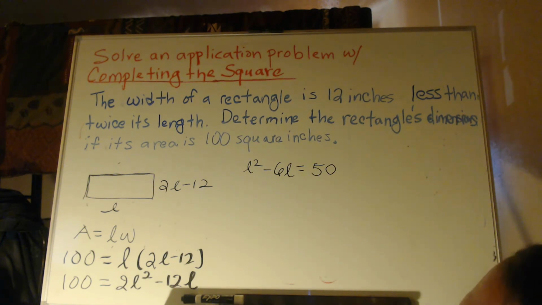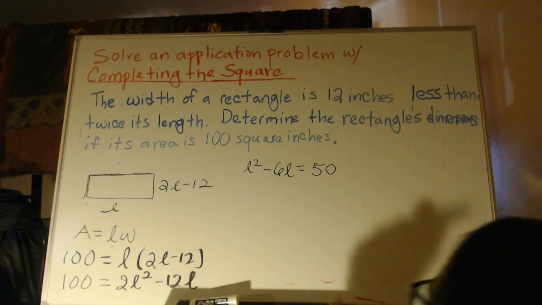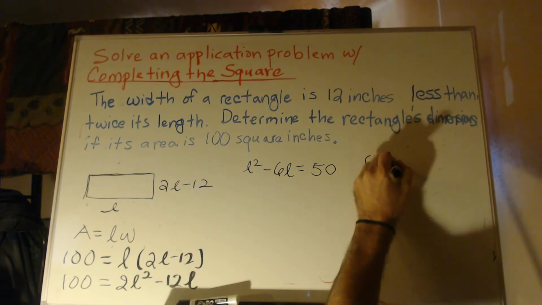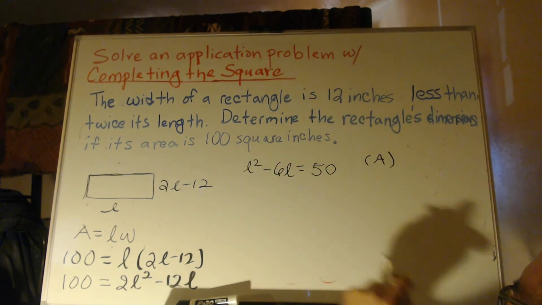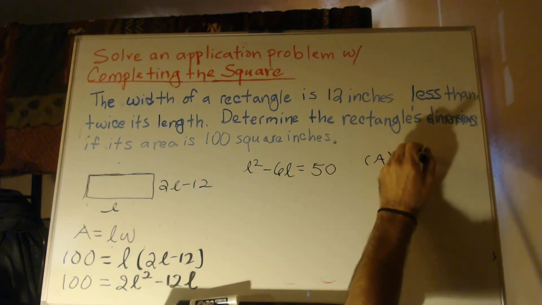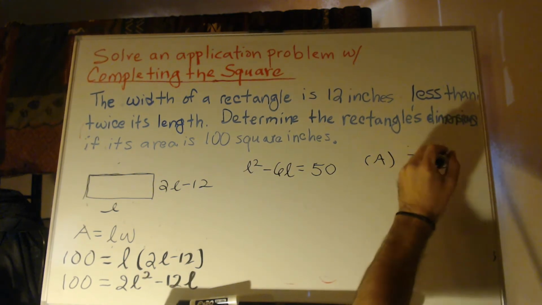For our side work, since now we have a 1L squared, in front of L to the first we have -6. -6 divided by 2 is -3, and then we square that.